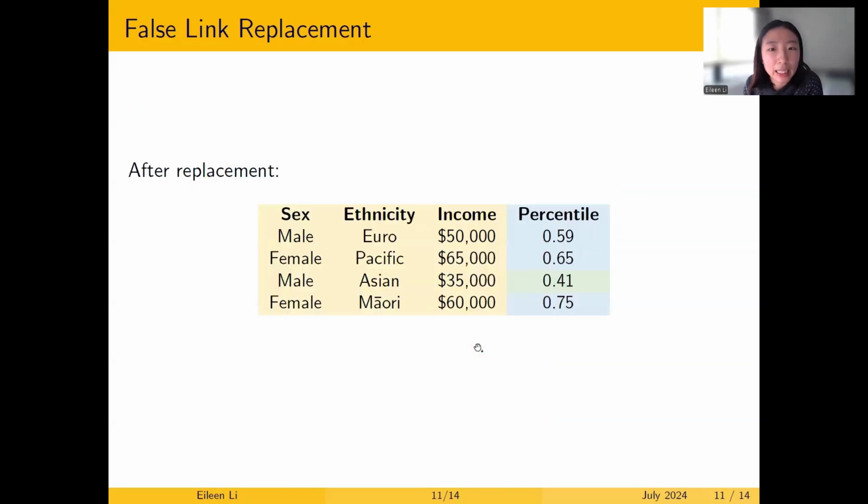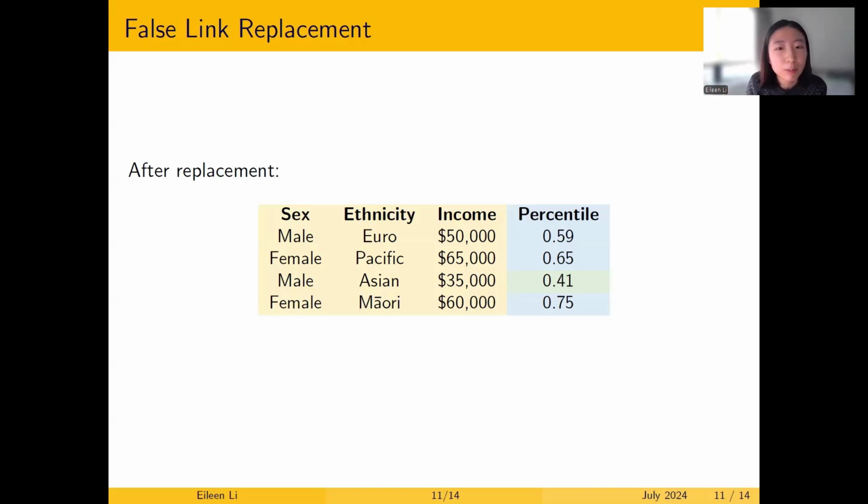This is my dataset after this replacement. Each time I randomly select an outcome from this pool of candidates. I've done this process 200 times to reflect all the variation that can happen. After every replacement, I run my linear regression one time to obtain the beta 1 coefficient.